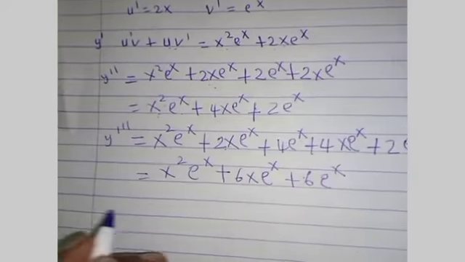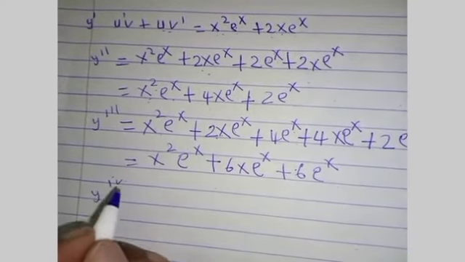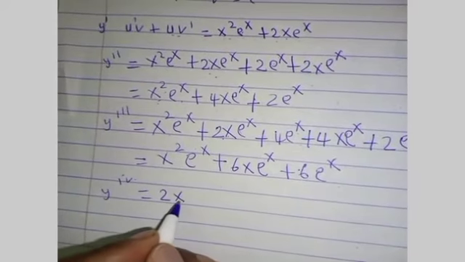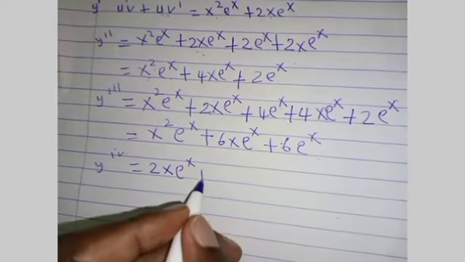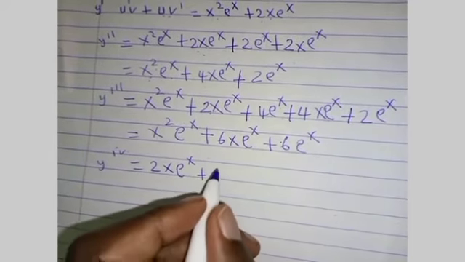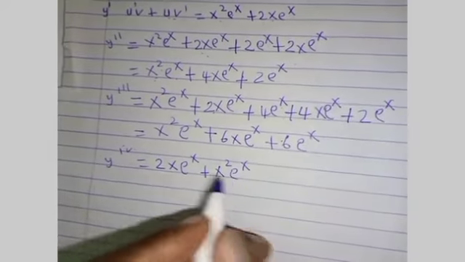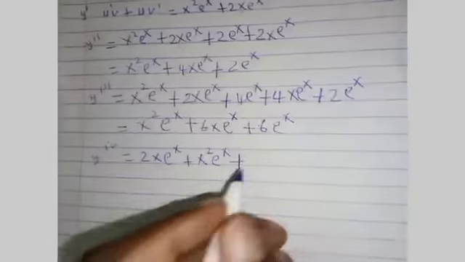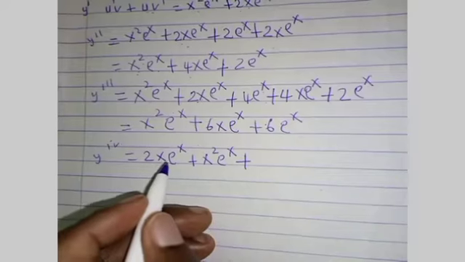Finally, y power 4 means that we differentiate this again. We are going to get 2x exponential x plus x squared exponential x. This is by product rule. We differentiate x squared to get 2x exponential x.